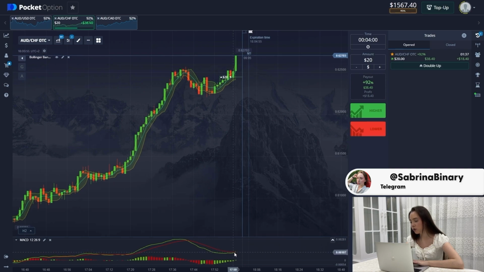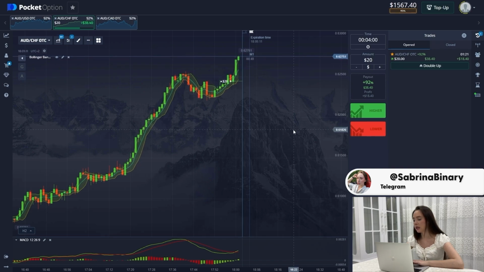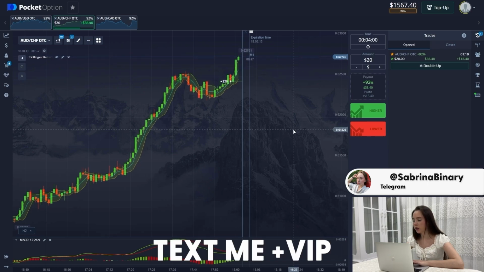And let me show you how to use it in practice. And as I said earlier, the crossing of the main line, that is green, and the signal line, that is red, means a signal. When a line is crossed from top to bottom, it's a sell signal. And when the lines don't cross each other, it's enough to look at which of the lines is on top, as well as their direction.